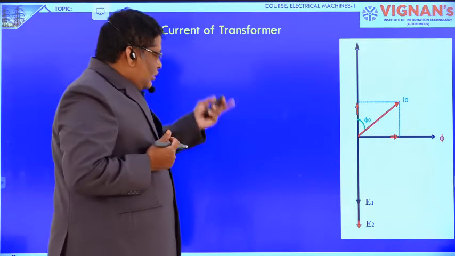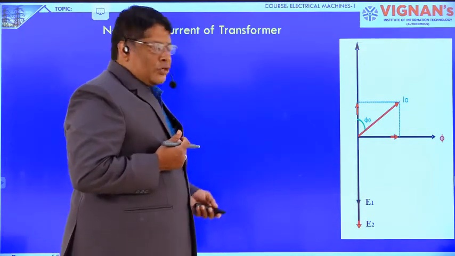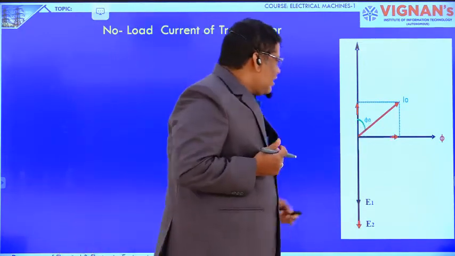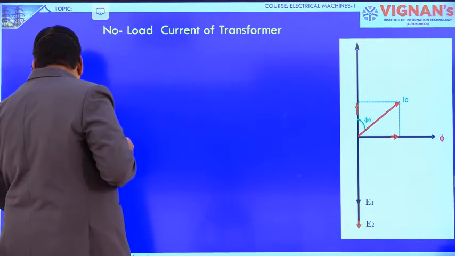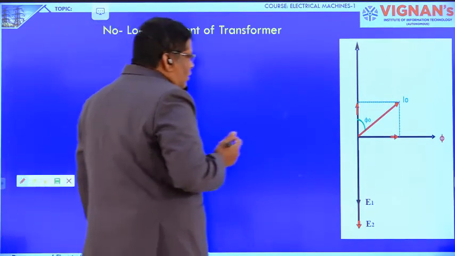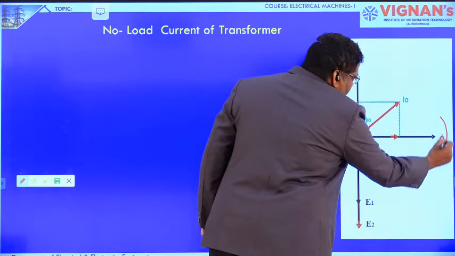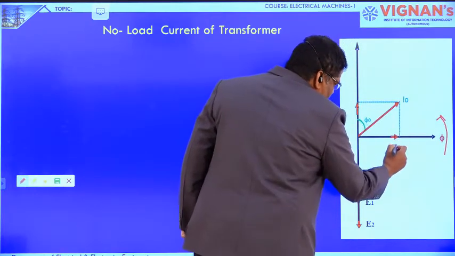Already you have seen this: E1, E2, phi m you have taken here. All these phasors are rotating in an anti-clockwise direction. This is I naught.